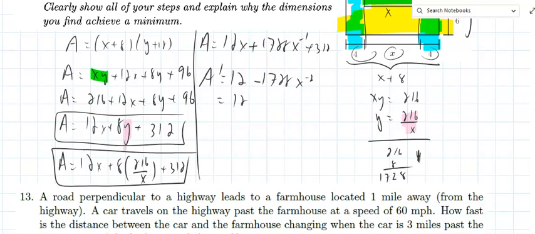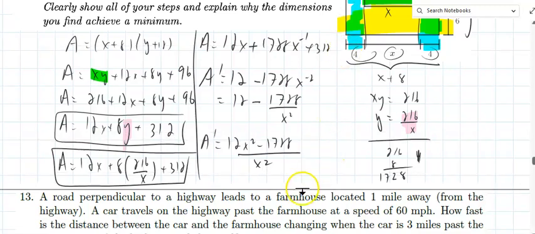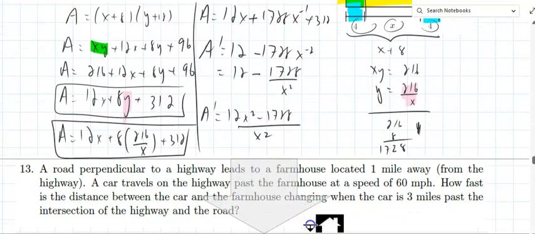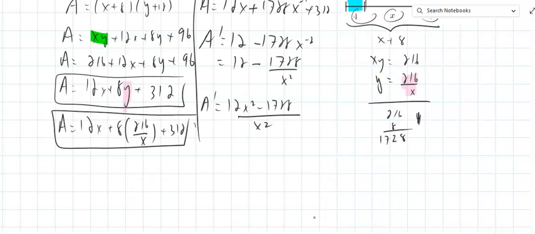That is 12 minus 1728 divided by x squared, or simply A prime is 12x squared minus 1728 divided by x squared. Let me give myself a bit more space. Where does that equal 0? Where does it not exist? It does not exist if x equals 0. That's very simple. If you want the smallest area, just don't make it.